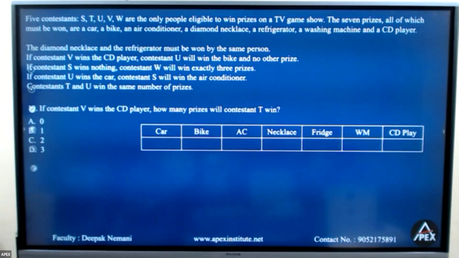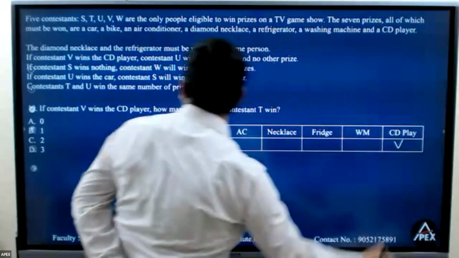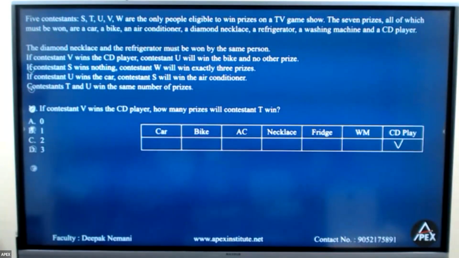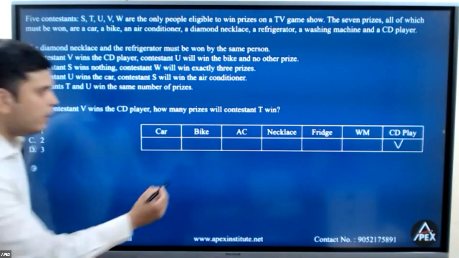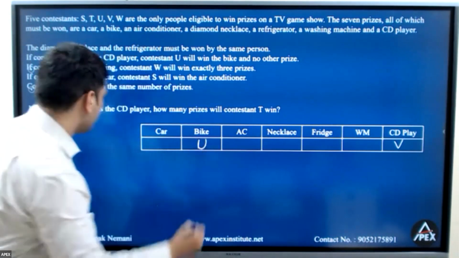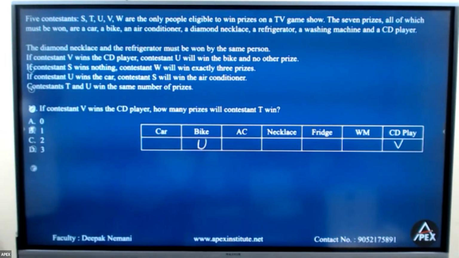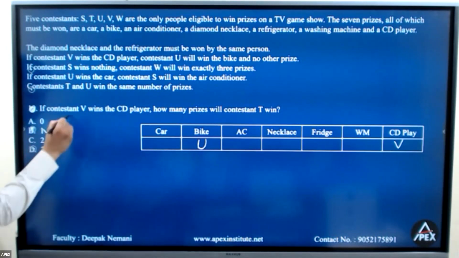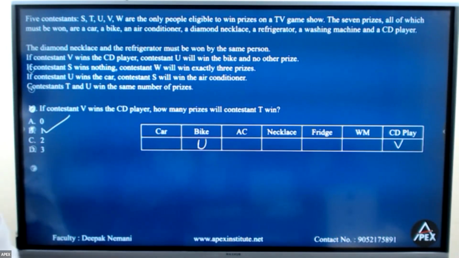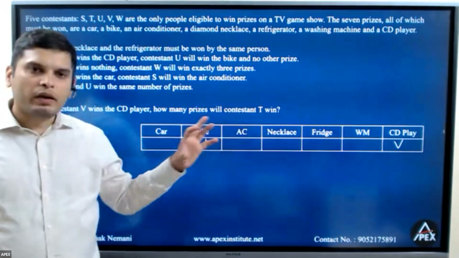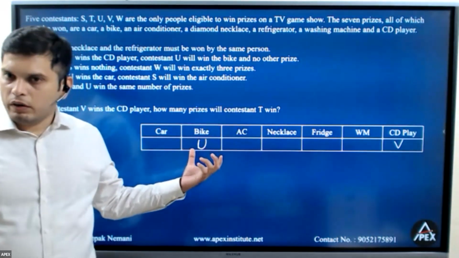Now, if contestant V wins the CD player, then contestant U will win the bike and no other prize. So how many prizes will contestant T win? If V wins the CD player, how many prizes does U win?